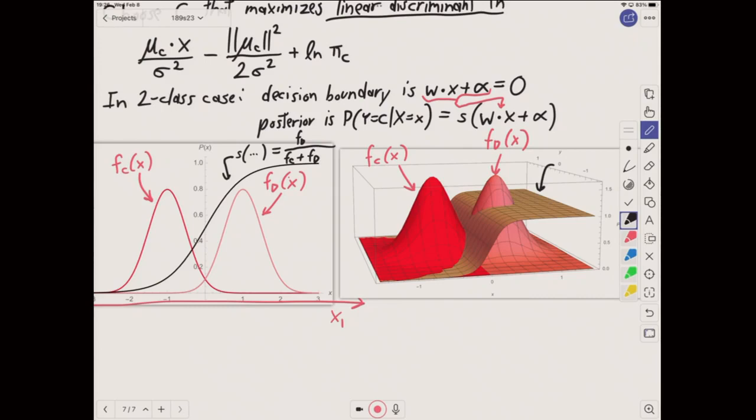This is the distribution of class C times the prior. This is the distribution of class D times the prior. And this here is the posterior probability of pink being the correct classification.